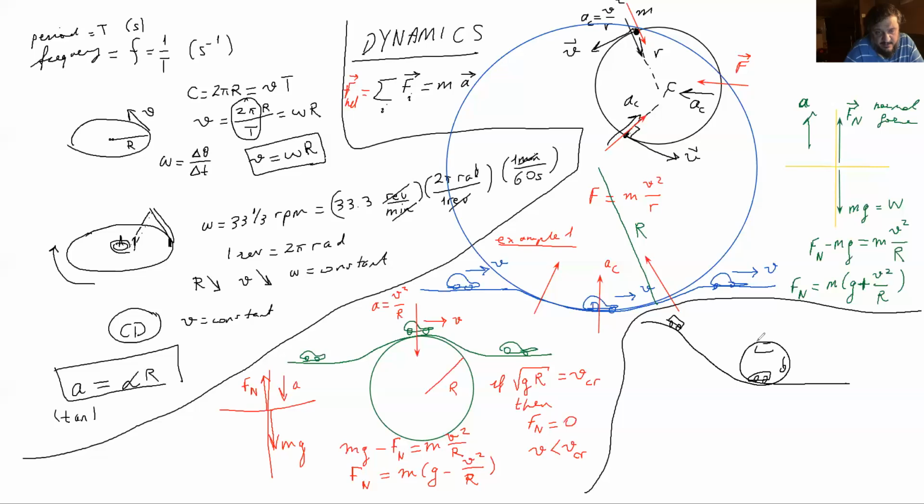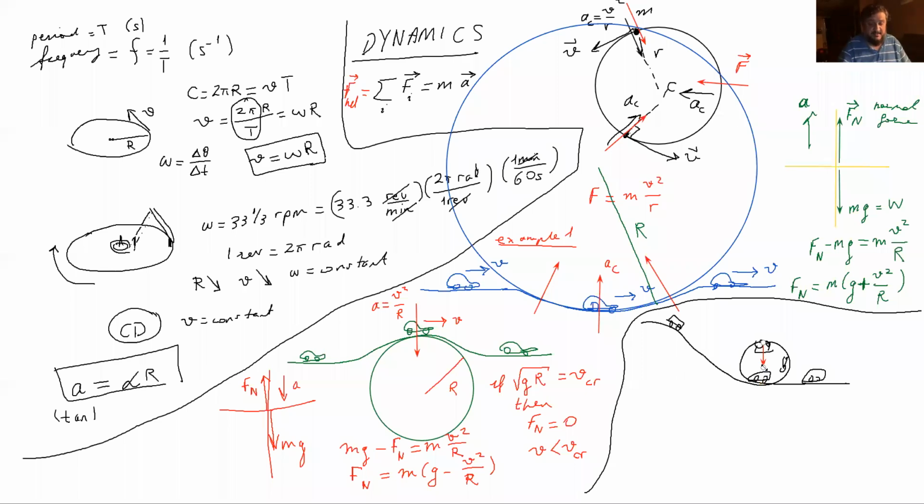Then here it will be upside down. Then leave. Now, at this instant, when it is at the top, let's see what happens there. The normal force will be pointing downward now. That's the normal force. By definition, it's the force that the track exerts on the car.